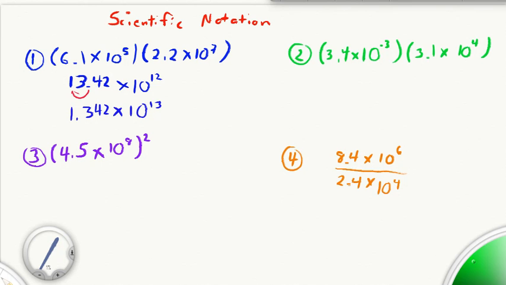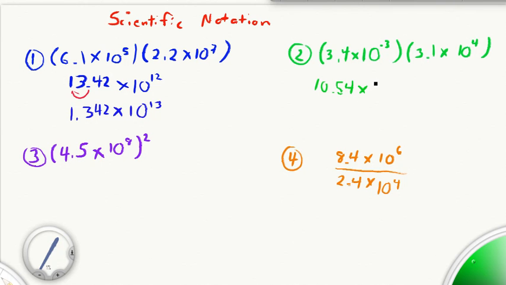Sometimes, like in number 2, so first of all, we're going to be dealing with some negative exponents here, but we might not have to do this movement step, okay? So let's look at number 2. When we do 3.4 times 3.1, we're going to get 10.54. So we're going to have to move it again.